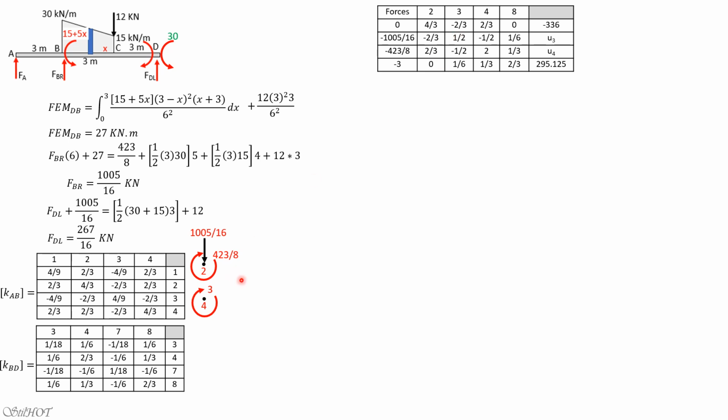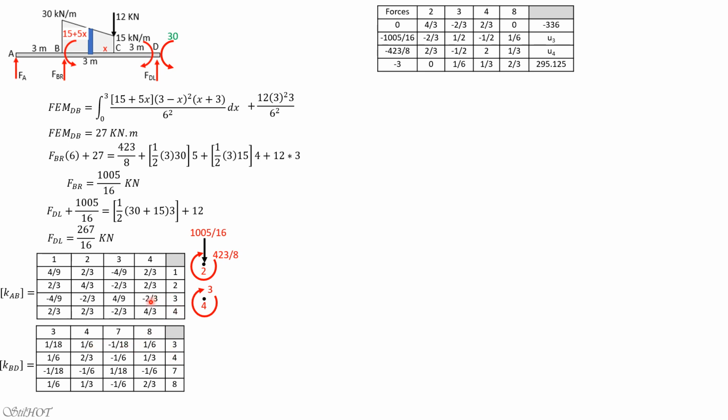3, 3. 3, 3 is 4 over 9 plus 1 over 18. So 4 over 9 plus 1 over 18 is 1 half. 3, 4. We have negative 2 thirds and 1 over 6.